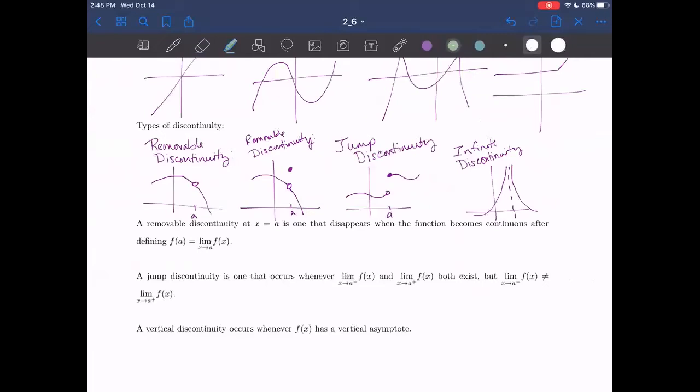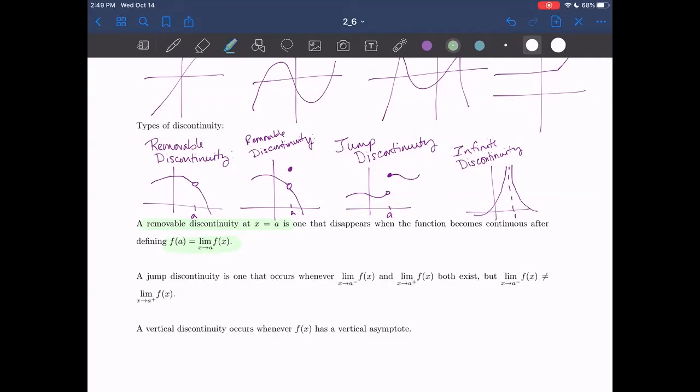All right, so if we define these a little more formally, a removable discontinuity at a point x equals a is one that disappears when the function becomes continuous after defining this point. Basically, there's a hole.